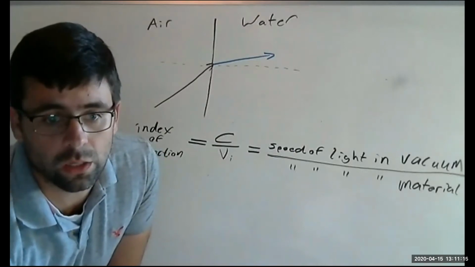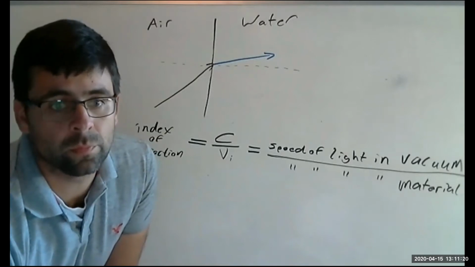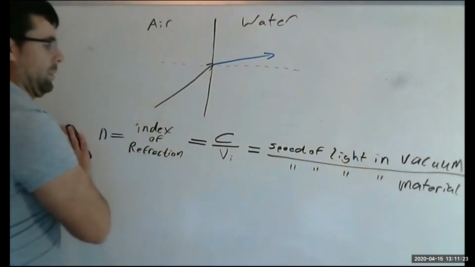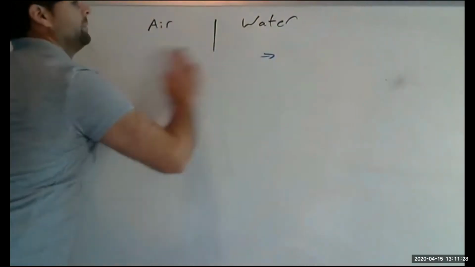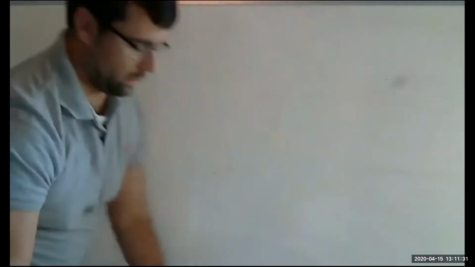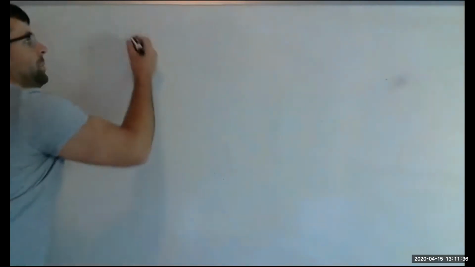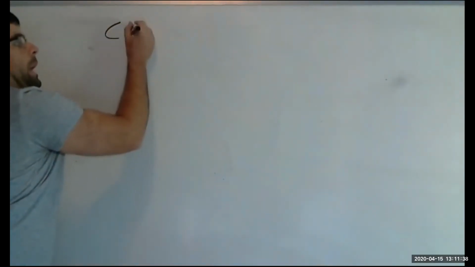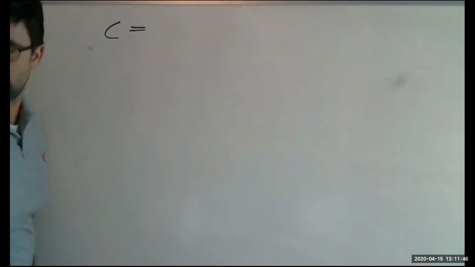So what actually causes it to have that different speed? Let's look at the speed of light. Because it's a wave, what wave characteristics tell you the speed of that wave?